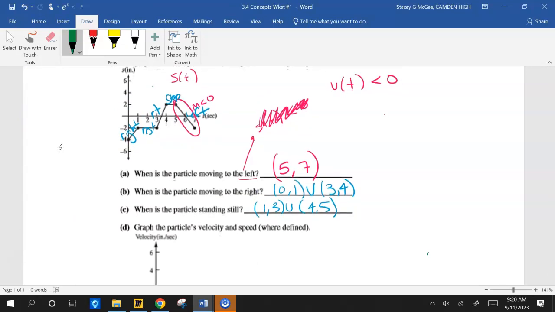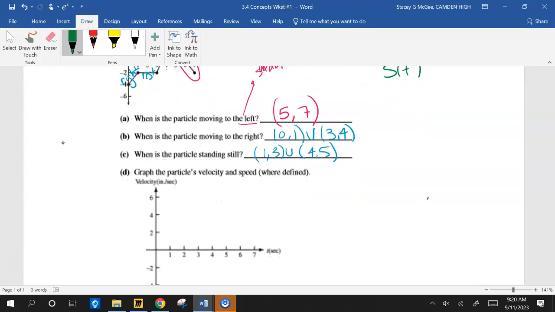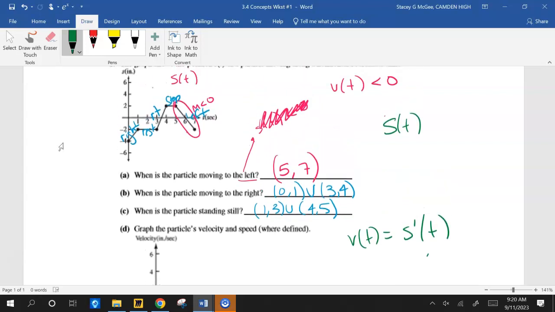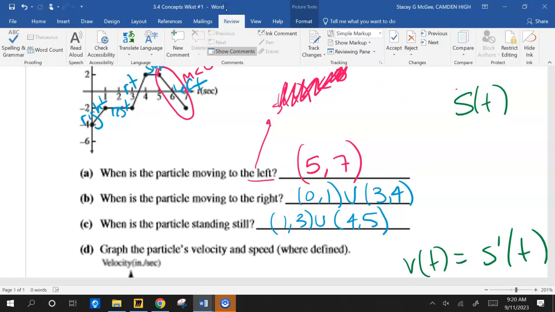Okay, so this is position. How does position relate to velocity? To get velocity, I need to take the derivative of position. Derivative is just slope. So I'm going to have to go back up to this. Let me zoom in a little bit.